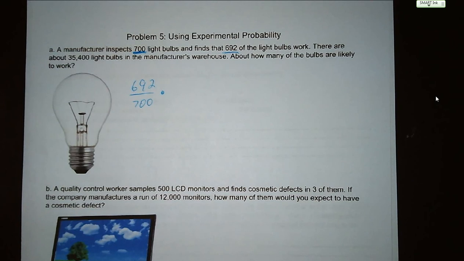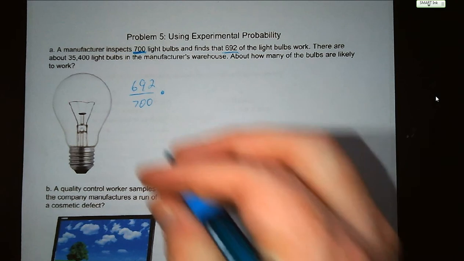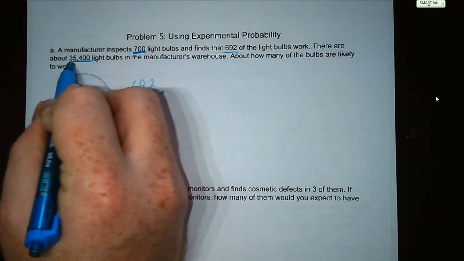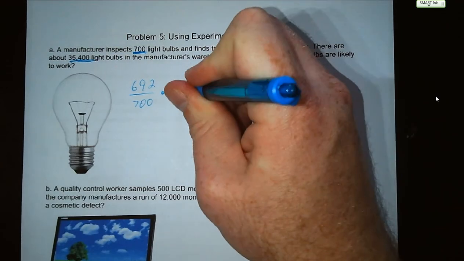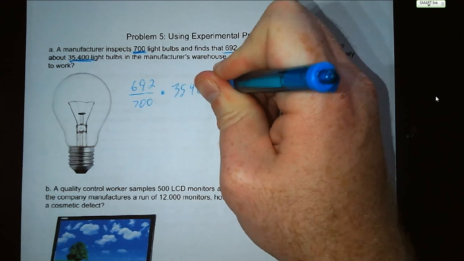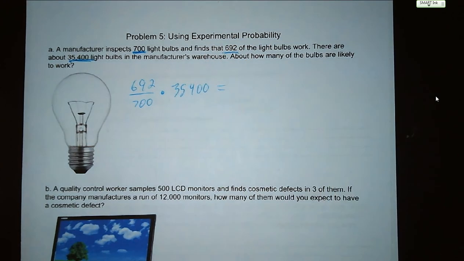Now we want to multiply that by the total number in their warehouse in order to find how many of the bulbs in the warehouse are going to work. So we're using our experimental probability that says that approximately 98.86% of these light bulbs work. We're going to multiply it by the total number of light bulbs we have to figure out approximately how many of those are expected to work.